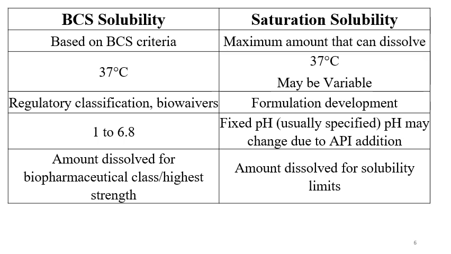In saturation solubility, pH is fixed, usually specified, and sometimes I have observed that due to addition of the API, the pH of the media gets changed. So pH is measured before addition of the API and after getting the saturated solution. Also, pH is monitored after 24 hours. In this time, the saturated solution is shaken to determine whether we get more solubility or not.